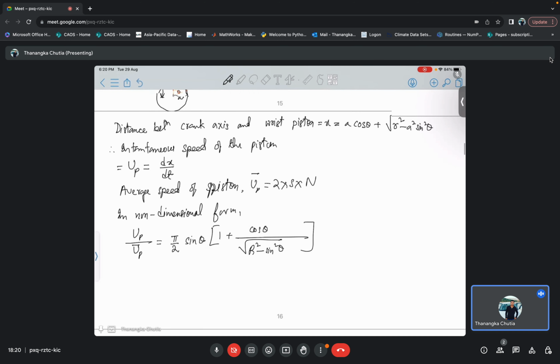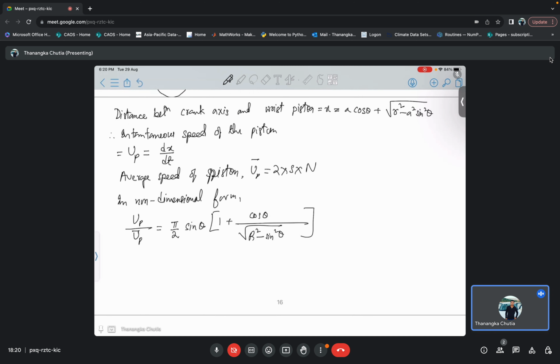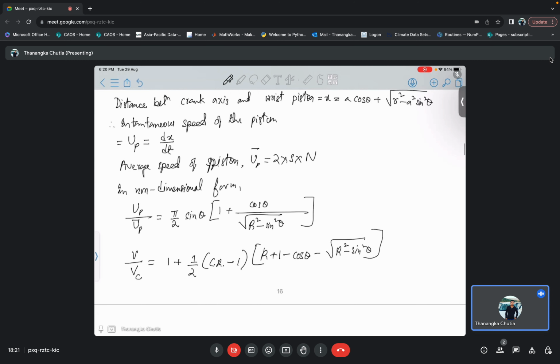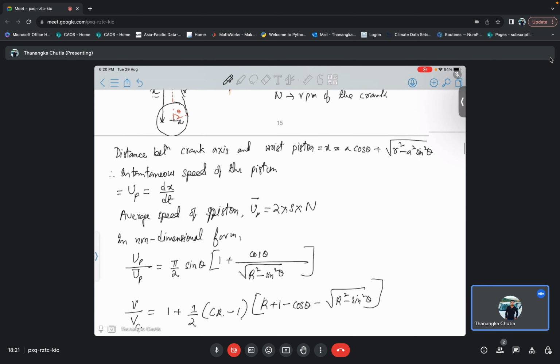Similarly for instantaneous volume we can write V by Vc is equal to 1 plus 1 by 2 times compression ratio minus 1, into R plus 1 minus cos theta minus root over R square minus sin square theta. So these are the various formulas which will be helpful in solving this type of questions.